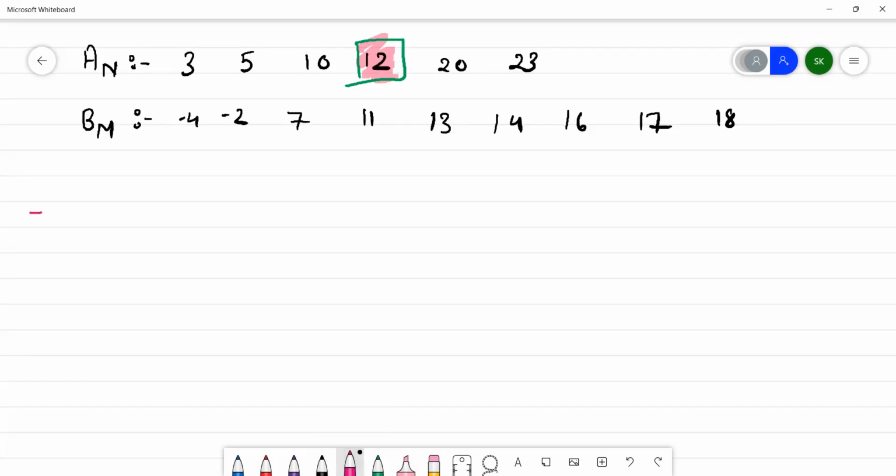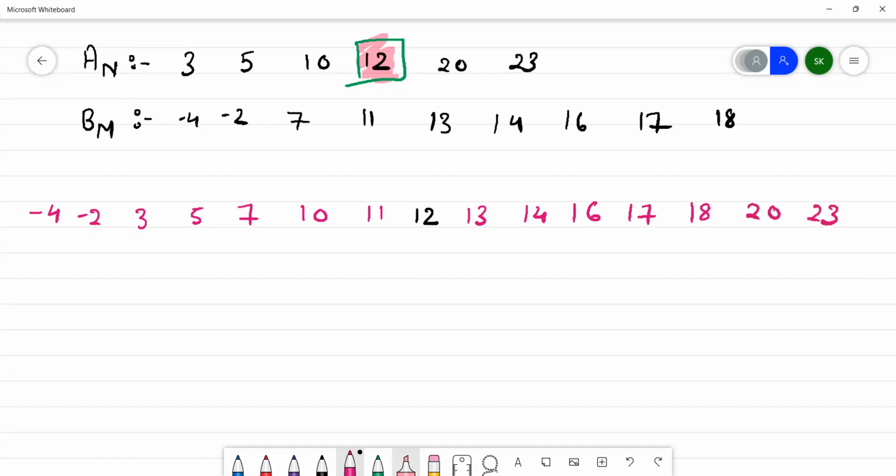If I combine these arrays: -4, -2, 3, 5, 7, 10, 11, 12, 13, 14, 16, 17, 18, 20, and 23.